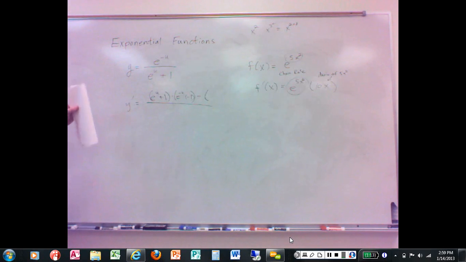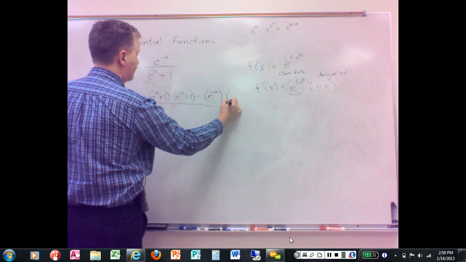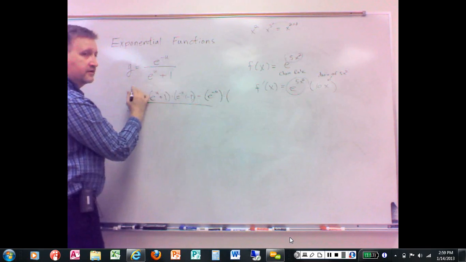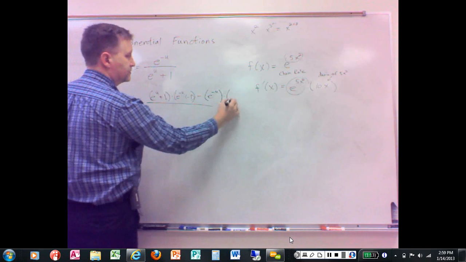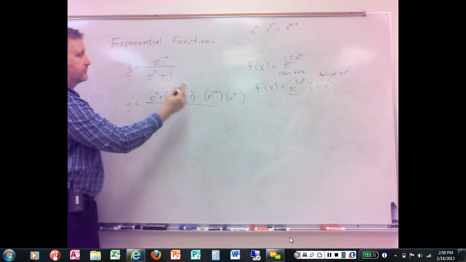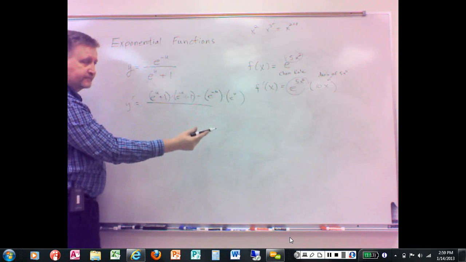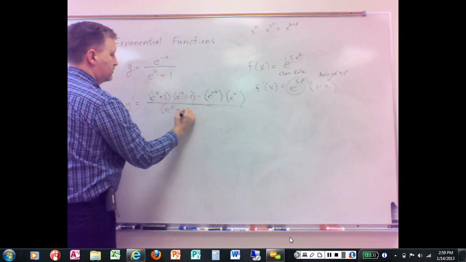That's low d high minus high, e to the minus u, times the derivative of the low. What's the derivative of the low here? Just e to the u. Because e to the u, the derivative is e to the u. 1, the derivative is 0. And then over low squared.